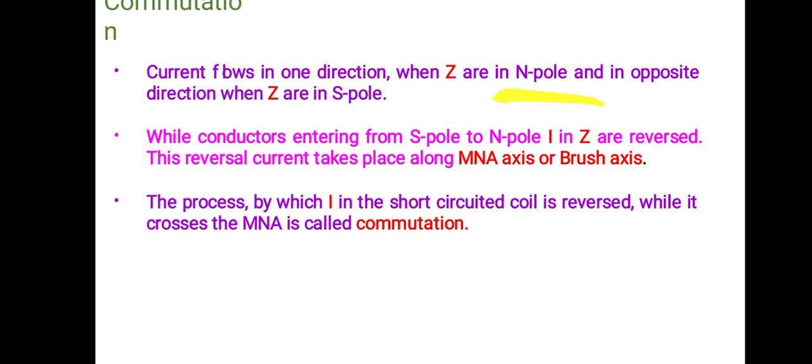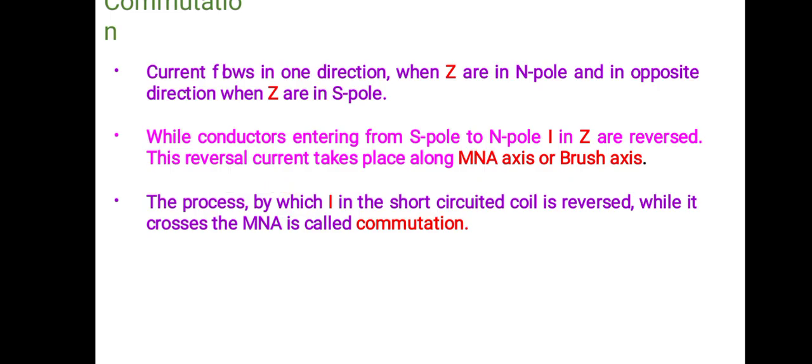When it is crossing the north pole, the current in the conductor is in one direction. The same conductors crossing the south pole have the direction reversed. So while conductors move from south pole to north pole, the current in them is reversed, and from north pole to south pole, it is again reversed.